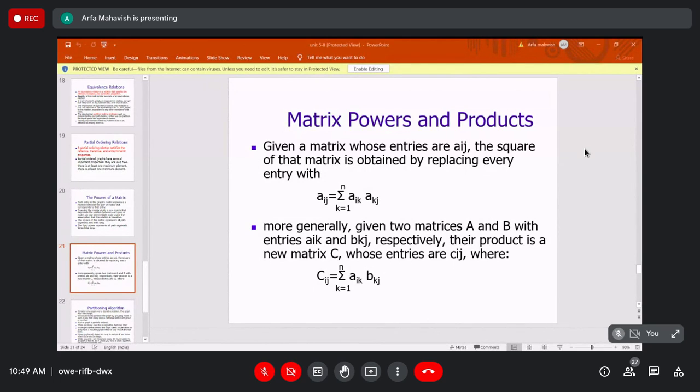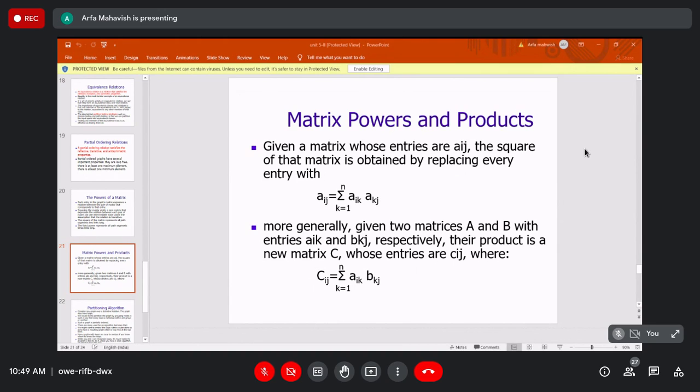In place of k, k equals 1, so you write a11, b11. This is the way you represent the k value. You will get the result from sigma a_ik b_kj, and that will be returned in this form, c_ij.